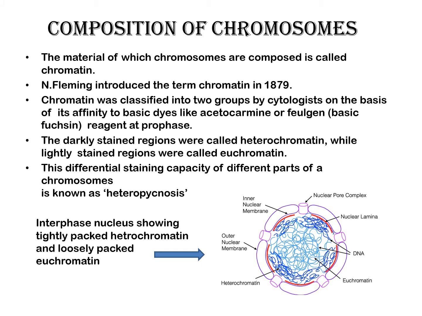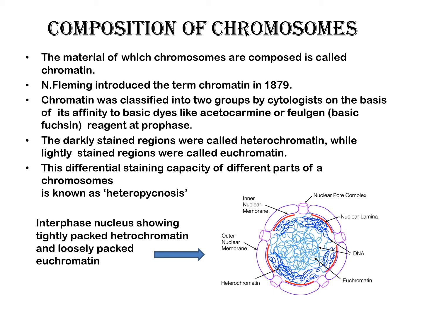Composition of chromosomes. The material of which chromosomes are composed is called chromatin. The word chromatin was first introduced by N. Fleming in the year 1879. Chromatin can be classified into two groups depending upon the staining property of the chromatin towards basic dyes.